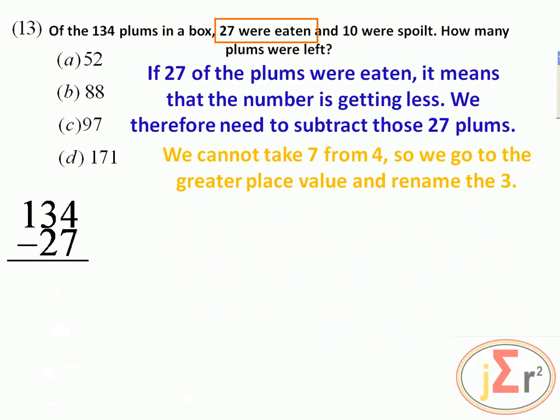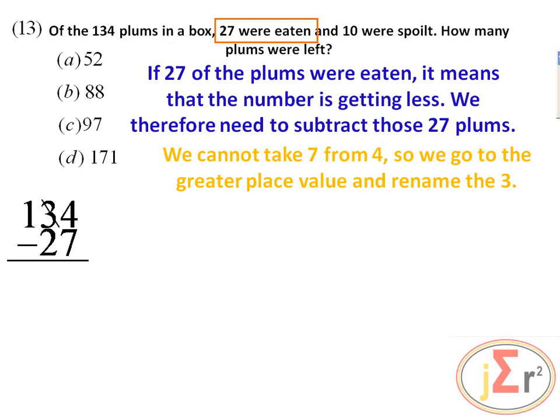134. We cannot take 7 from 4 in that manner, so we go to the greater place value and rename the 3. Do not forget that if we are at a particular place value, then the place value to the left of that one is 10 times the place value that we have here. So the place value to the left is always 10 times the present place value.